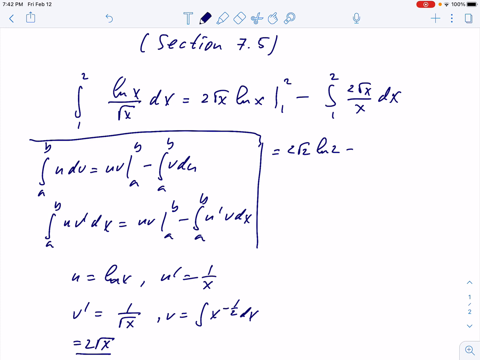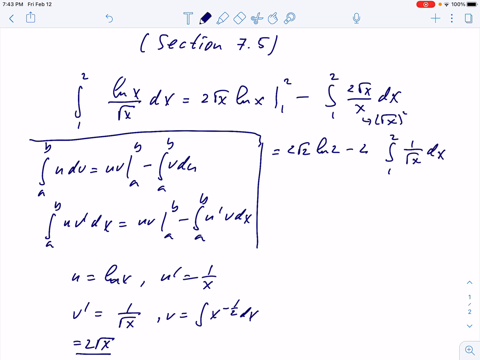And then in this second integral, we can take 2 outside, it's a constant, and root of x over x we can reduce, because x itself we can write like root of x squared. So this integral becomes integral 1 to 2 of 1 over root of x dx.